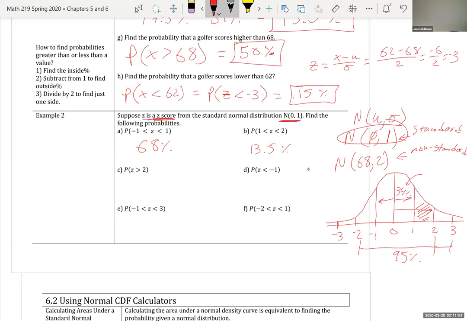It's not 5%, because we've got to split that between the two tails. We've got a tail over here, and a tail over here. Tale of two tails. So you're right, it's 2.5%. Very good.